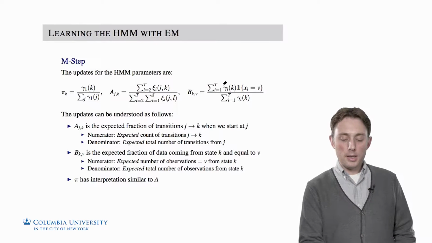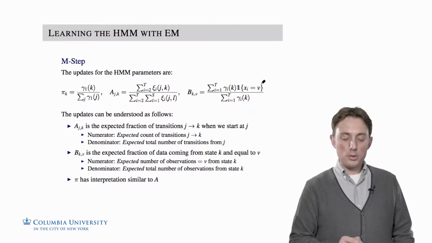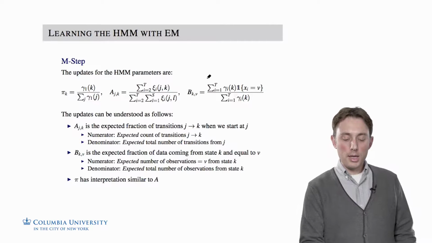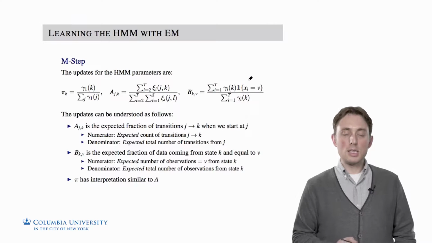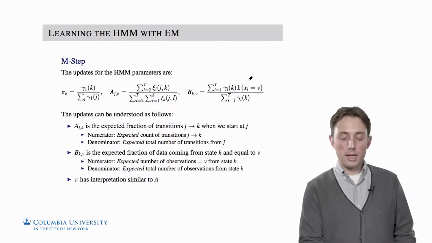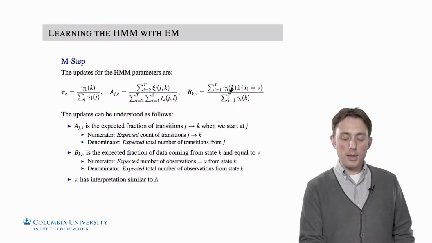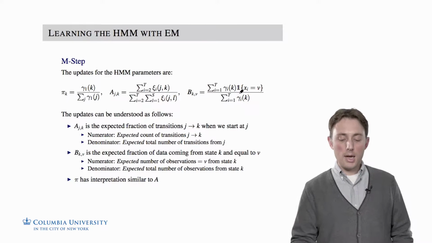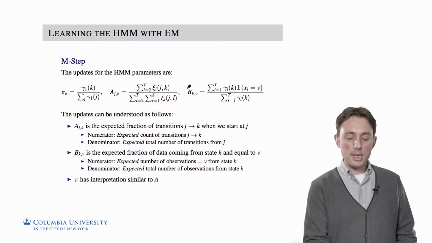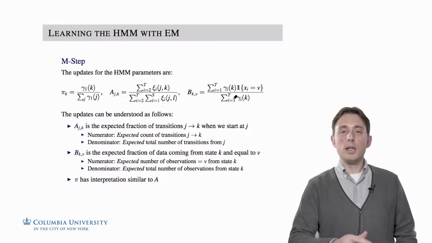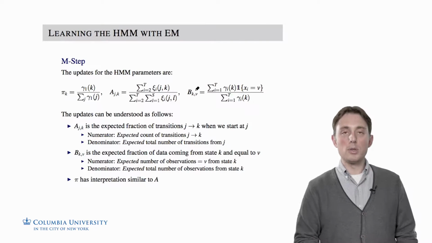I multiply these two things together, summing the expected total number of times that I see the output v from state k over all the time points. Then I divide by the total number of observations that I'm going to see from state k. That simply takes the numerator and normalizes it so the rows sum to 1.